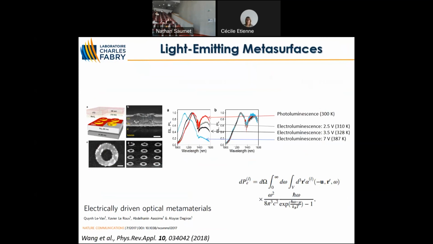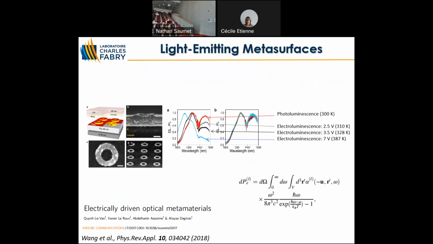And indeed, all the spectra fit when you fit them by this function. So this is a clear indication that yes, all these electroluminescence, photoluminescence are described by Kirchhoff law. That's what I'm saying. And you can use Kirchhoff law to analyze quantitatively all photoluminescence and all electroluminescence experiments. That's the key message. Kirchhoff law can be used to model photo and electroluminescence of any metasurface.